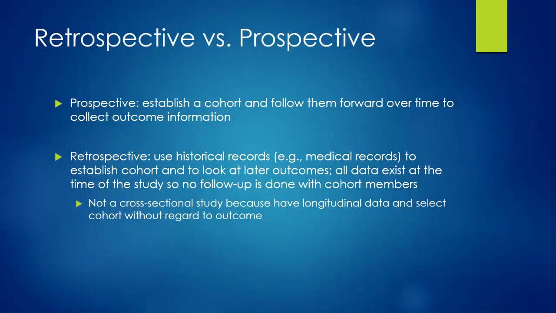But in a retrospective study, we might have a situation where we could use some kind of records, like medical records, to establish the cohort now, and then look back to determine what their exposure status was in the past. So this has the benefit of saving time, so we don't have to follow people for quite as long, but it does mean that we need to have really good data on historical exposure information so we can accurately identify our exposed and unexposed groups.